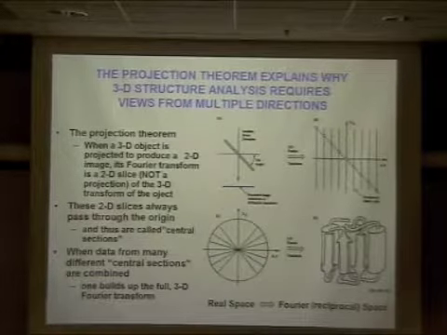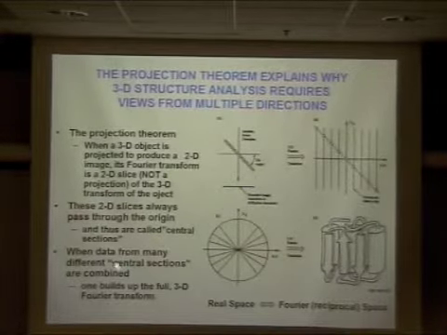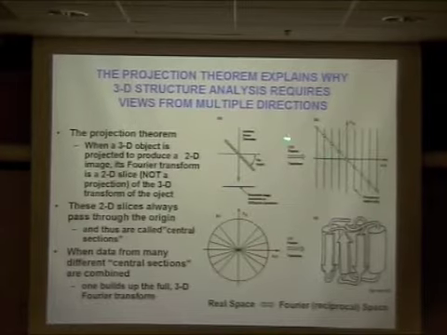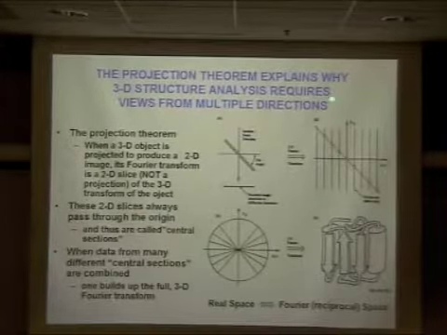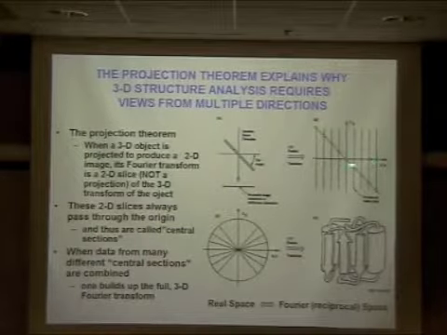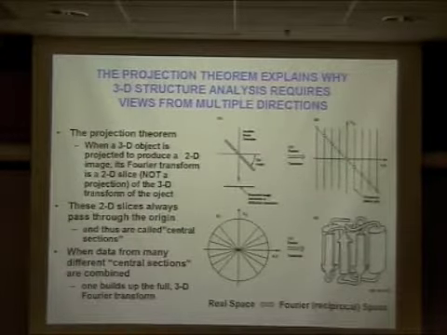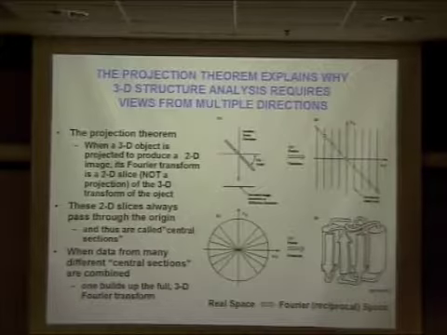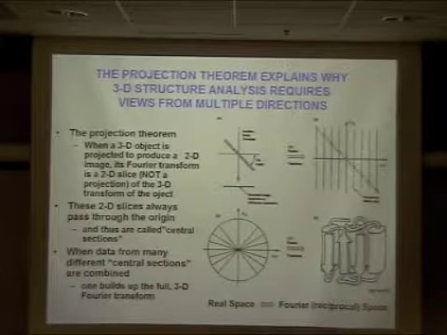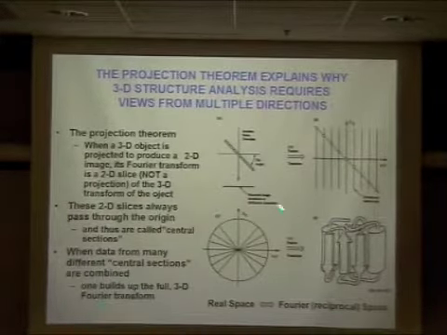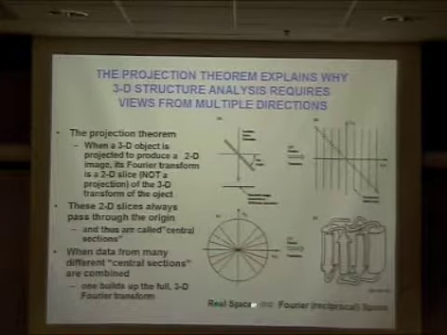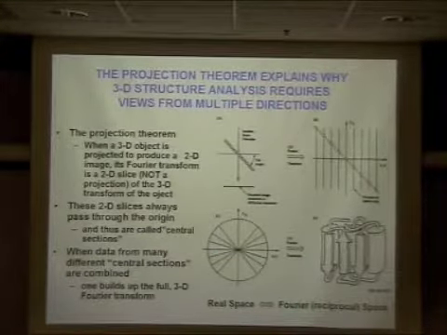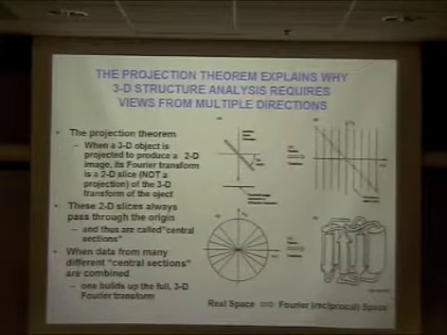So, to summarize, one of these slices is called a central section, and a central section through Fourier space always goes through the origin of Fourier space. And when data from many such central sections are combined, you build up the full three-dimensional Fourier transform of the object.